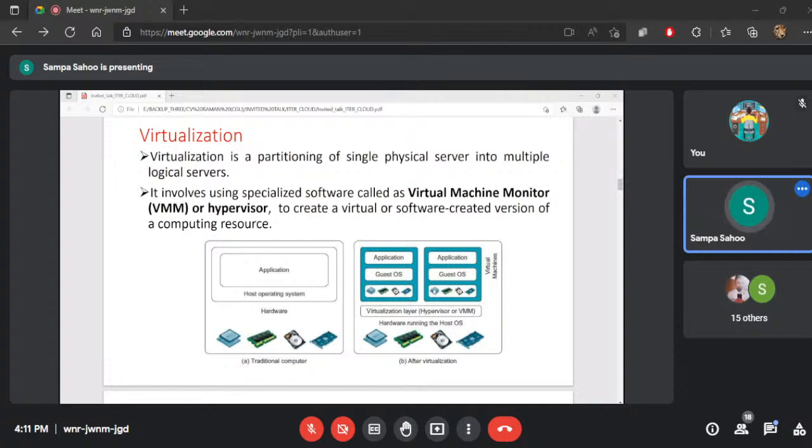Your Windows will be the host operating system, whereas the guest operating system will be Linux. That is how virtualization is helpful. In cloud, virtualization is an important concept. Due to virtualization, cloud is so popular.